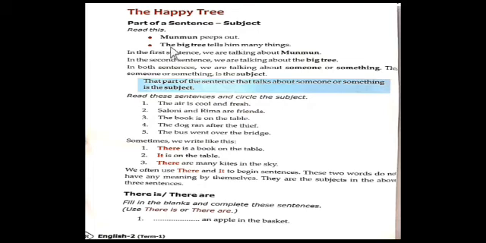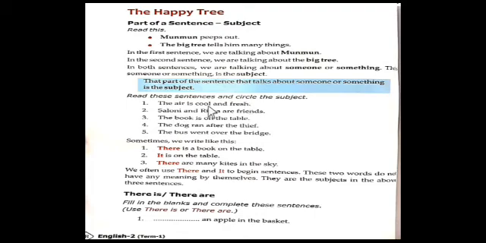In this sentence, the big tree is the subject. So that part of the sentence that talks about someone or something is the subject. Subject is always the first part of the sentence.